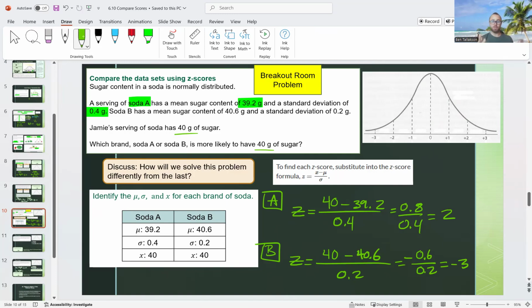We did the work, but what's the answer? Well, they want to know which soda is more likely to have 40 grams. We plugged in the raw score of 40. So what we're really looking for is the closest z-score to the average. That would be soda A.